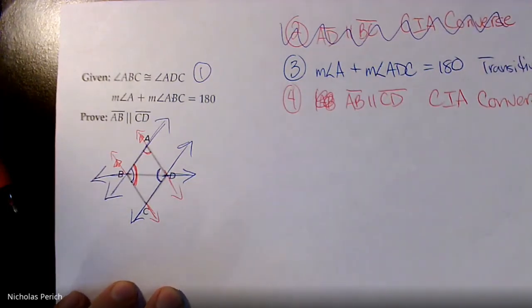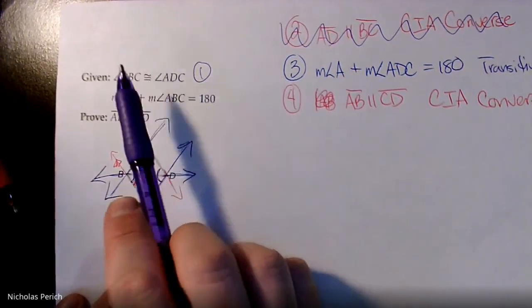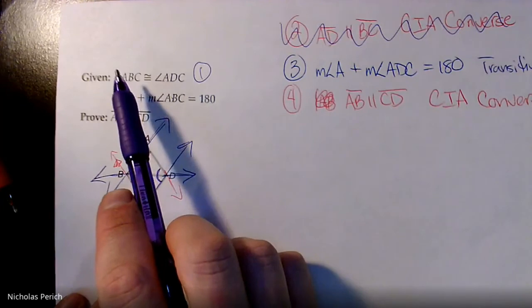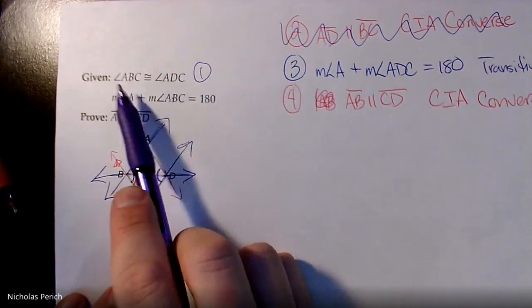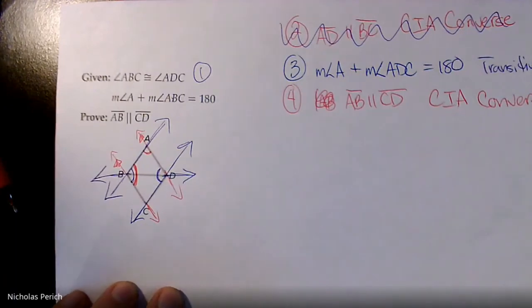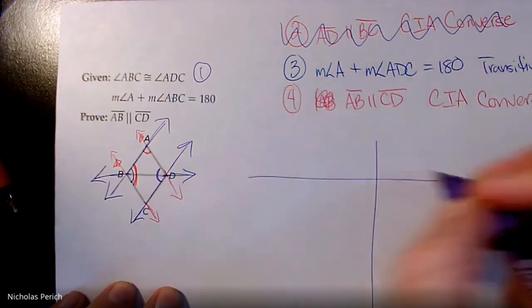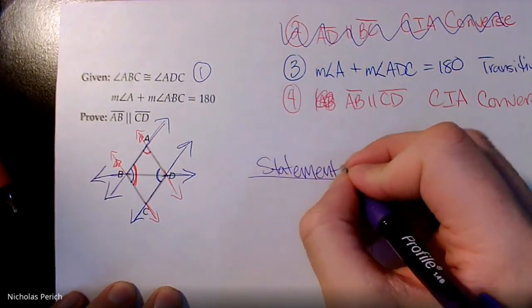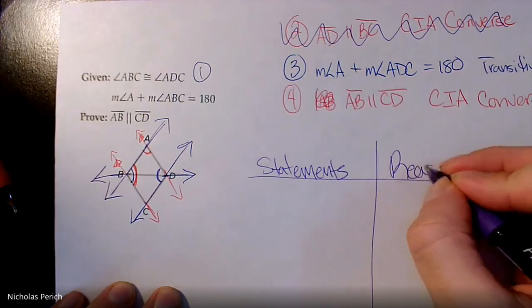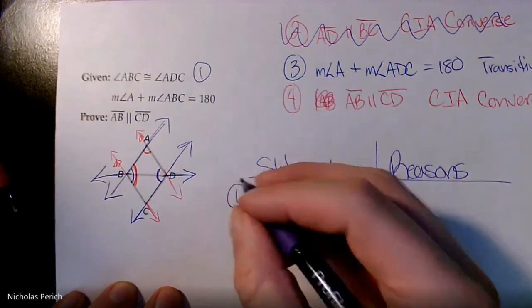I was able to take this given right here, and since ABC is equal to ADC, I can just replace that ABC with ADC. It's no big deal. So here's my proof. Statement number one, always the given.